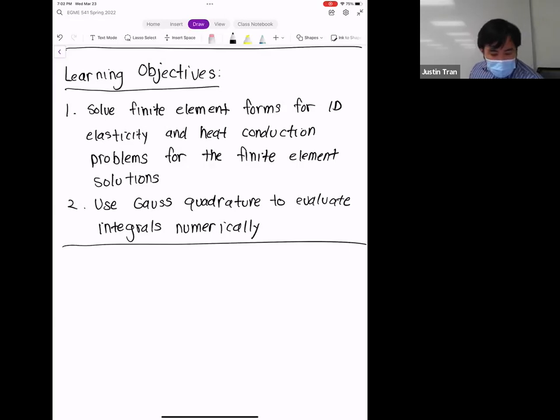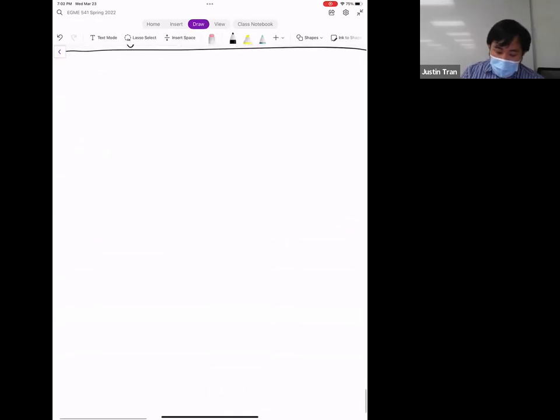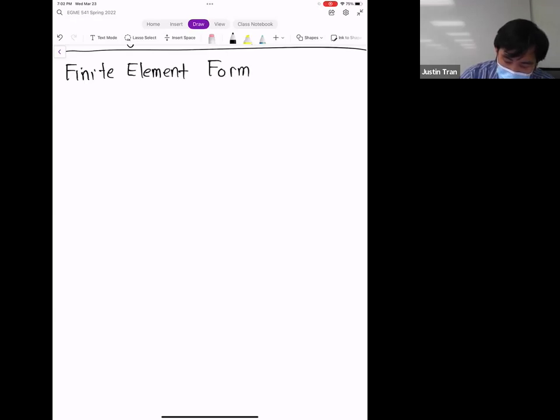Okay. So let's go ahead and pick up where we left off. We left off last time talking about finite element forms. The whole idea with finite element forms is to take our weak form and turn it into a finite element problem.